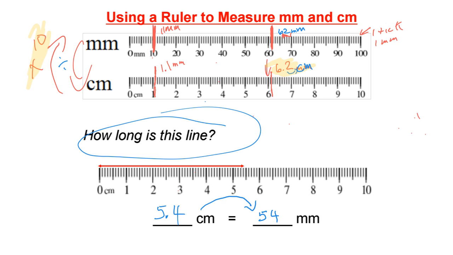And then imagine there's a decimal right here. And I am multiplying by 10. So that means I need to move my decimal over to the right to right where I'm pointing right now. So 5.4 centimeters is 54.0 millimeters. Check. So now let's go and practice some.